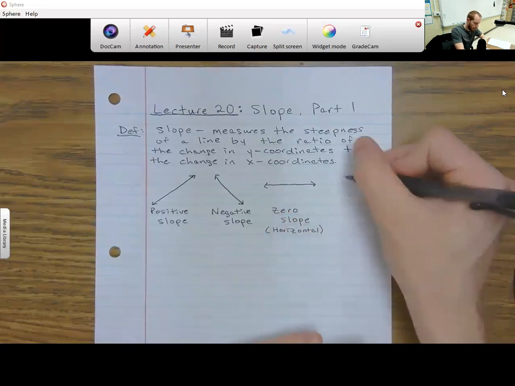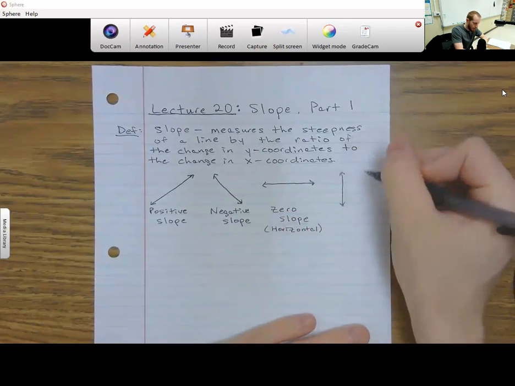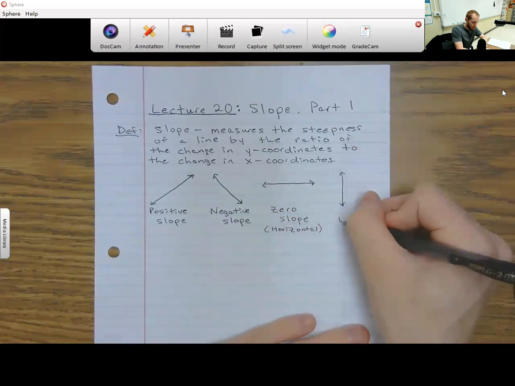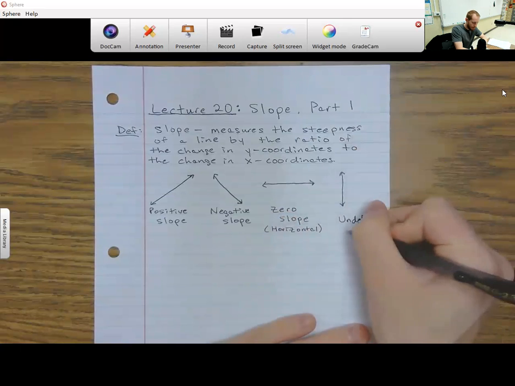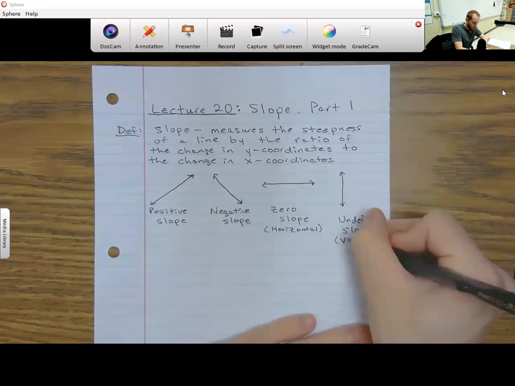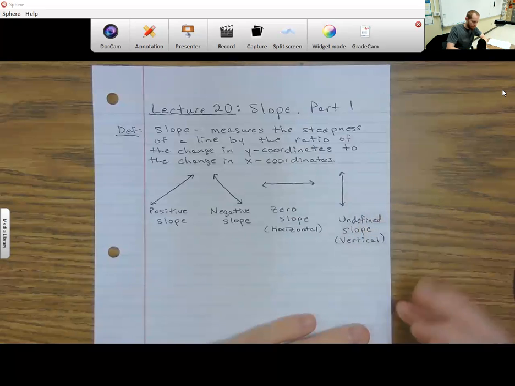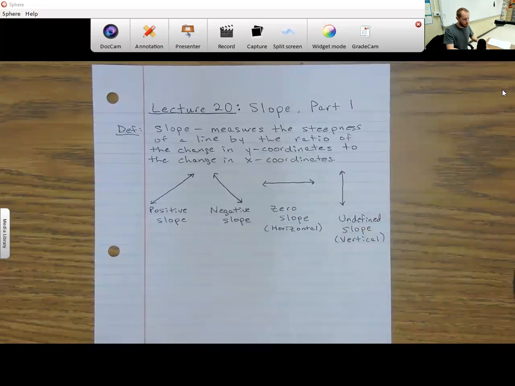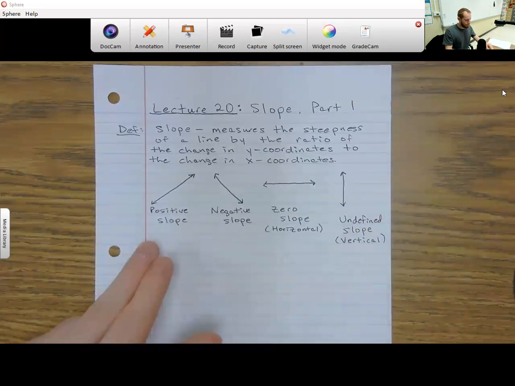So let's draw a vertical line over here. This would be undefined slope, or you could call it vertical. Those are the two special cases. But for most of your homework, you're going to be looking at positive slope and negative slope.